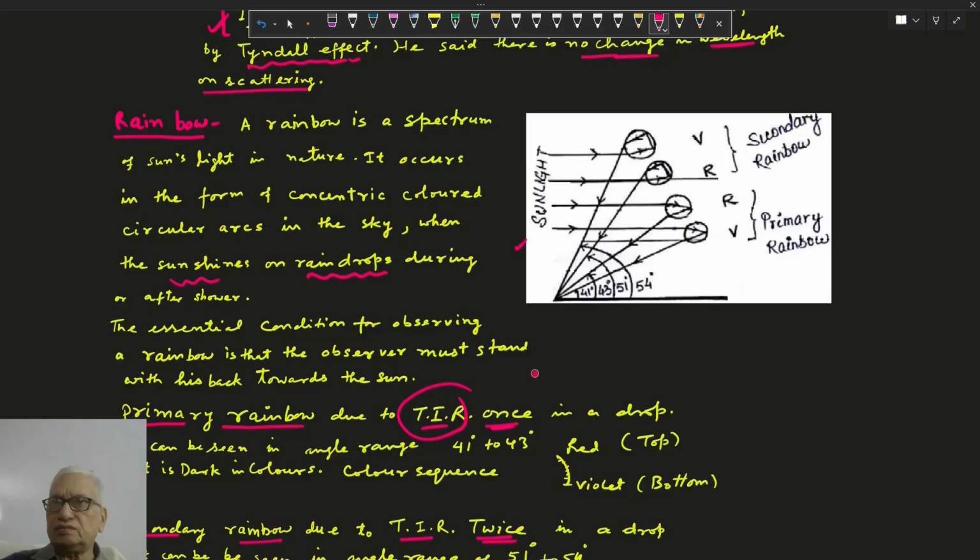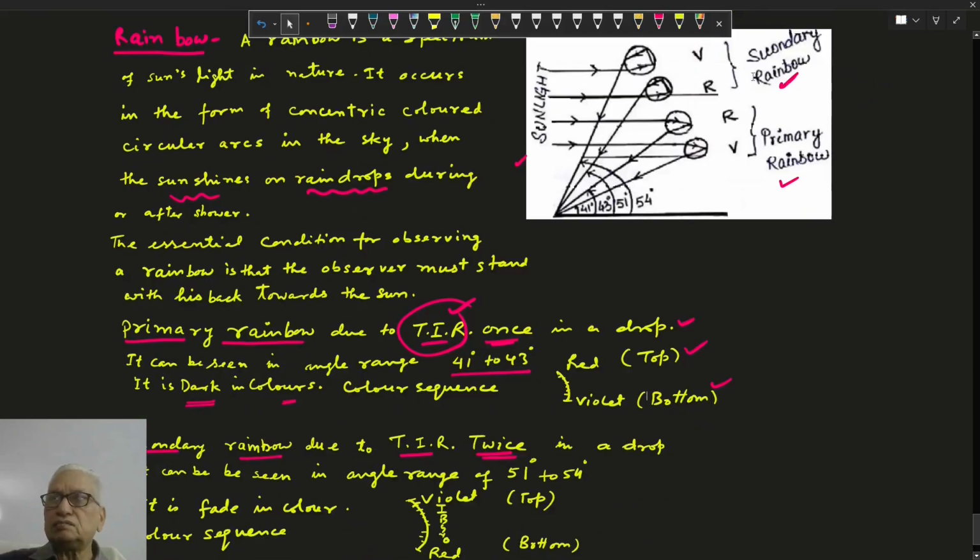There are two types of rainbow, primary rainbow and secondary rainbow. In the primary rainbow, in the raindrop, only one total internal reflection takes place. Here all the 7 colors are in the angle range 41 to 43. They are sharp in color, so they are dark. The color sequence here is violet at the bottom and red at the top.